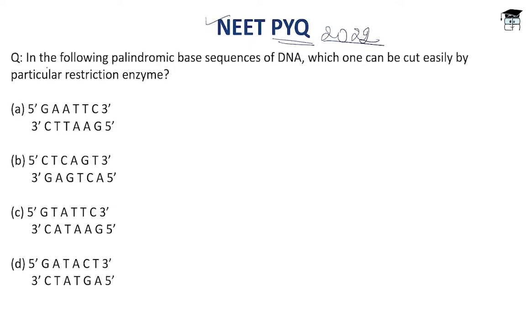In the following palindromic base sequences of DNA, which one can be cut easily by a particular restriction enzyme? Now, a restriction enzyme will only cut the palindromic base sequence. Let's see which one of these is a palindromic base sequence. GAATTC, when read this side, GAATTC.